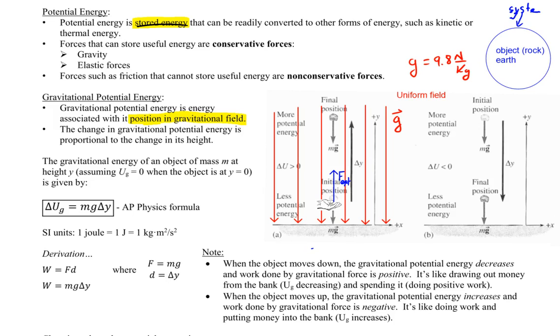Maybe this analogy will help you. Think money. When work is done on an object and you're lifting it vertically up, it's similar to the idea that I go to work every day at school. And eventually at the end of the month, I get a paycheck and money is deposited into my bank account by my employer. The money that is in my bank account is stored money, I guess.